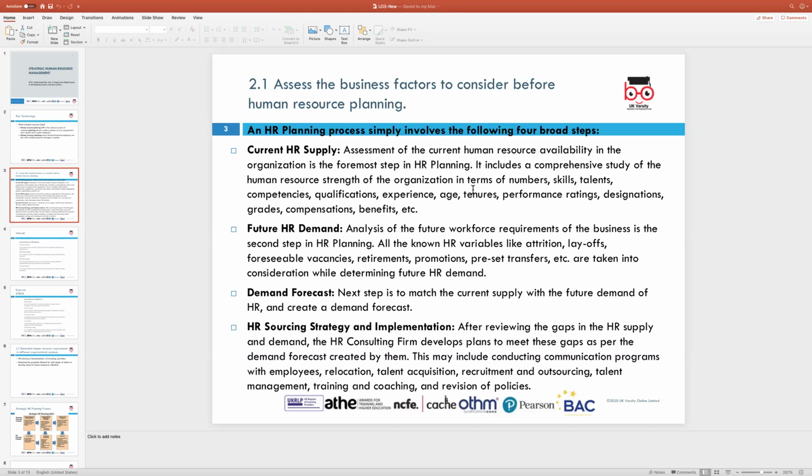If you're looking at hiring 10 associates in the next 2 years, every year you might have to hire at least 5 to 6 new associates, get them trained, and get them started. We also need to bear in mind that a few people might leave the organization, because they are getting better offers somewhere else, or they might not be working to the level at which we want them to work. Keeping all of these things in mind, we have to decide how we are going to source these job roles and how we are going to fill them.